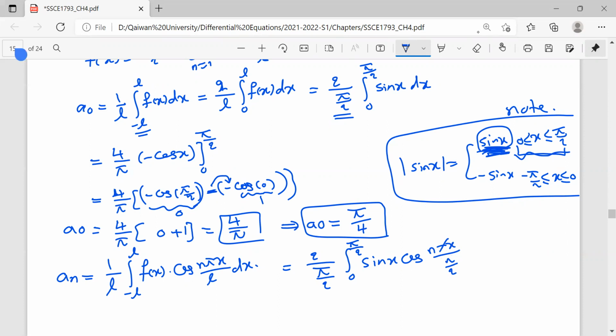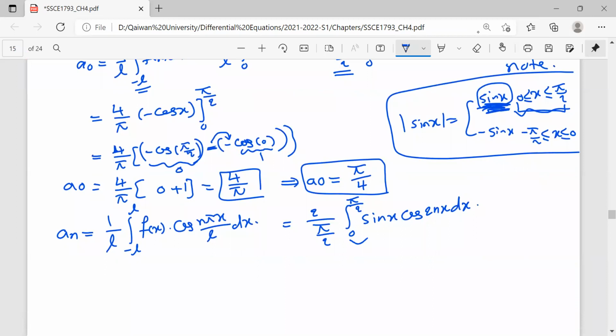When we replace it by pi over 2, pi are cancelled out. Then we get cosine 2nx dx. Now we have this integration. We have sine multiplied by cosine.